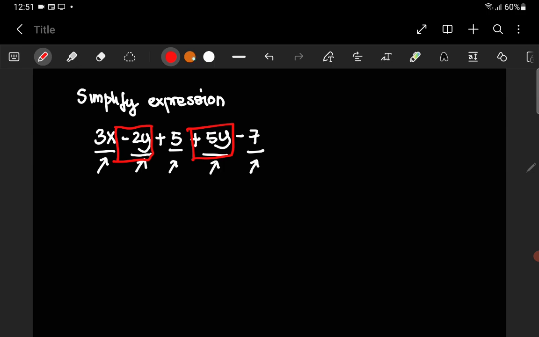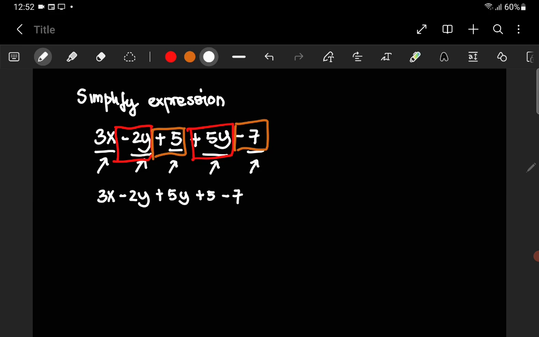And then the other like terms would be the 5 with its purpose, and then 7 with its purpose. So I will group the like terms, or the similar terms: the 3x alone, and then after that the minus 2y, then plus 5y, then plus 5, and then minus 7.